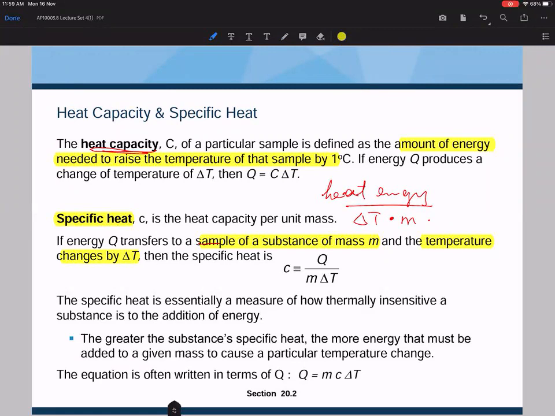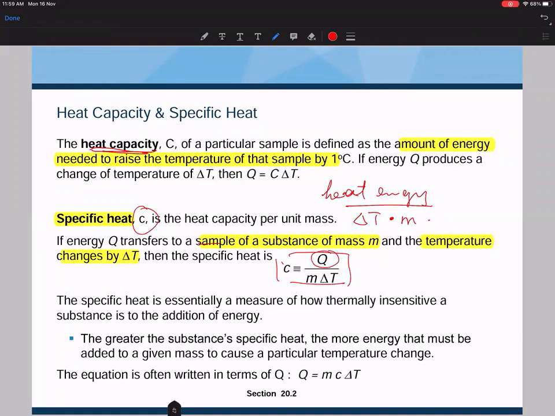In the form of the equation, this is the equation. Now, confusion always arises when you have various symbols. m is the mass, delta T is the change in temperature, c here is the specific heat, Q here is the heat energy involved in the process.